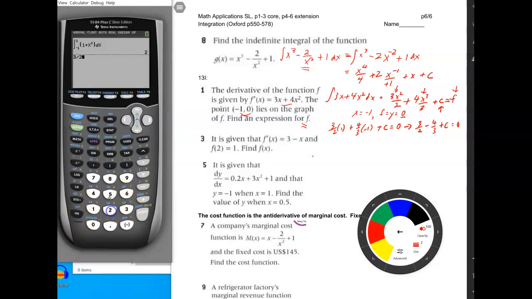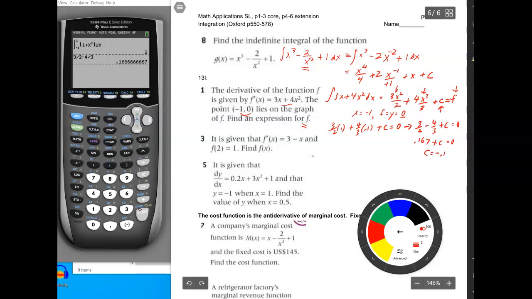So 3 halves minus 4/3 is 0.167, plus c equals 0. So c is equal to negative 0.167. So how do we use this to find an expression for f? Well, we know that f is equal to this expression here.